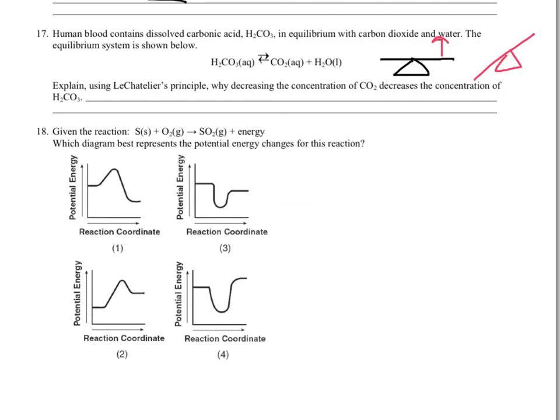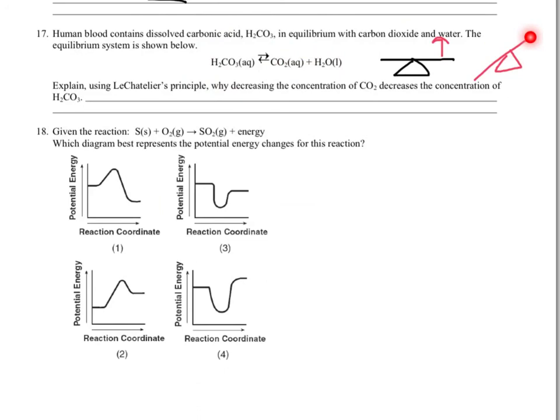If I decrease the carbon dioxide, there'll be fewer collisions of carbon dioxide with water to produce acid. Again, if I decrease this, it'll collide less often, making less reactant. In addition, decreasing shifts my equilibrium to the right, thus producing less carbonic acid.